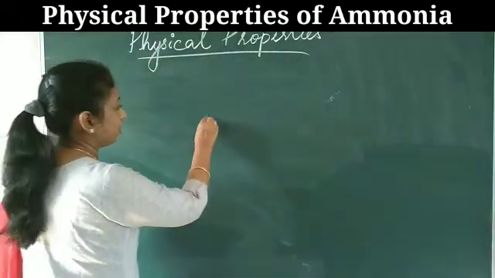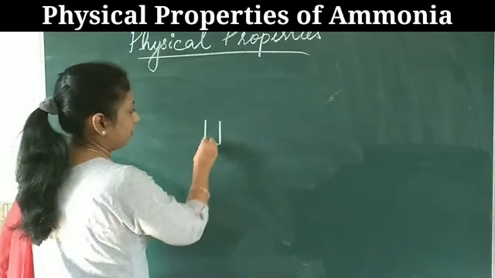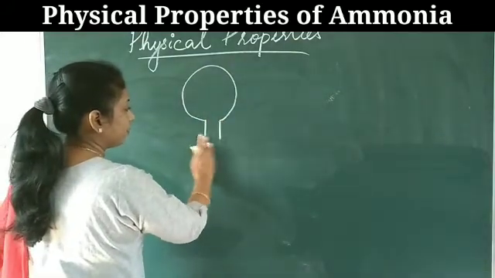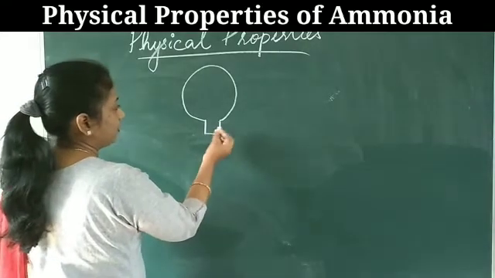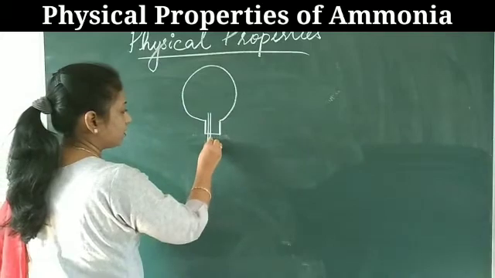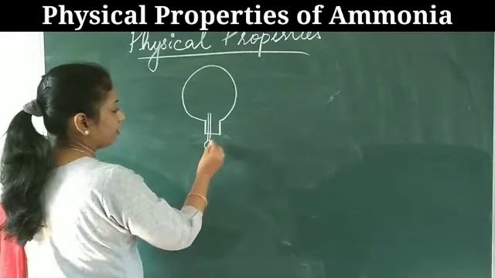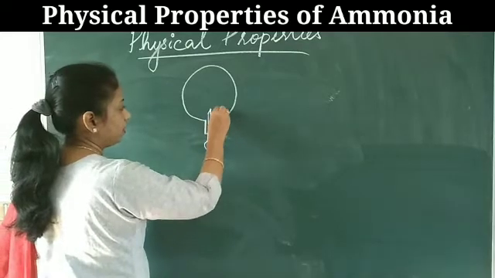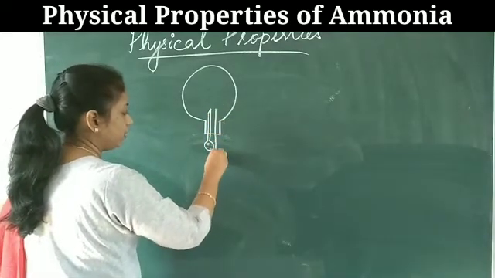Let us see what the differences are. We have an inverted round bottom flask. In the cork of this flask, we have a dropper. We have a jet tube.